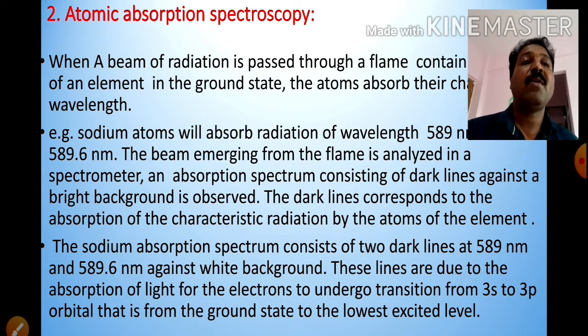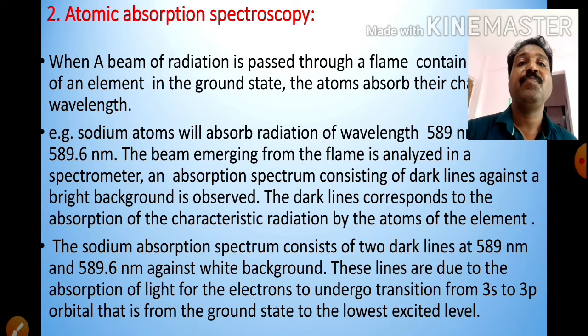The beam emerging from the flame is analyzed in a spectrometer, and an absorption spectrum consisting of dark lines against a bright background is observed. These dark lines correspond to the absorption of characteristic radiation by the atoms of the element.